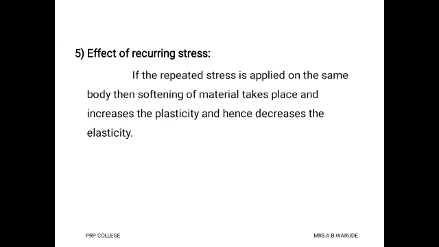Then the fifth point is the effect of recurring stress. Recurring stress is also called repeated stress. That means if repeated stress is applied on the same body, then softening of the material takes place and increases the plasticity. That means it does not show the property of elasticity. It changes into plasticity and hence decreases the elasticity.